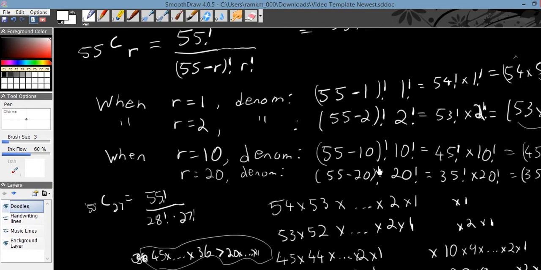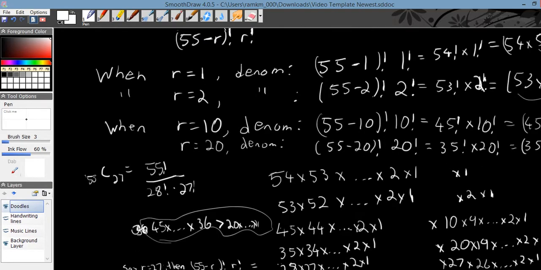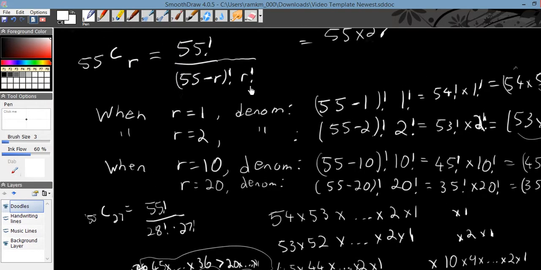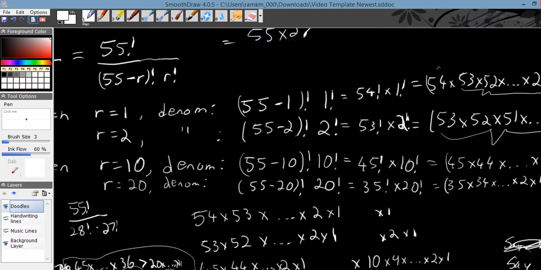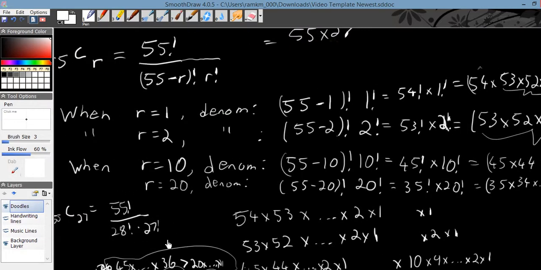So really this trend of decreasing denominators with increasing values of r will basically continue until r equals 27, and then the denominator will increase.